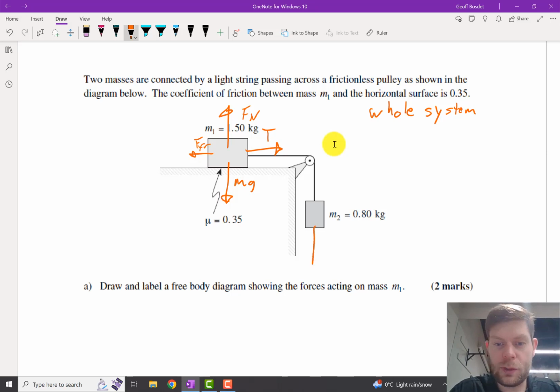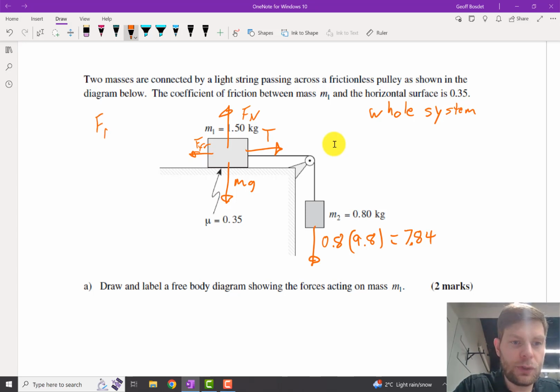So this is a fight between gravity on this guy, 0.8 times 9.8, which would be 7.84. And so it's a fight between that and friction right here. Friction, of course, being equal to mu Fn.